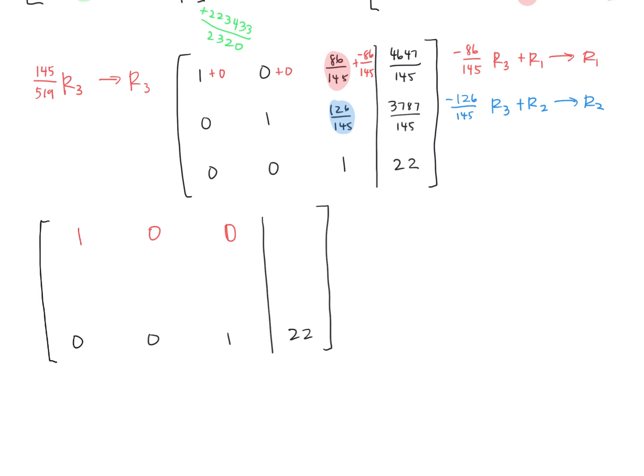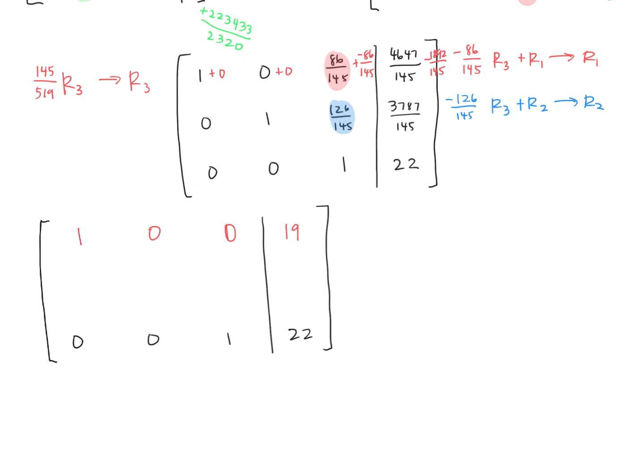And we get negative 1892 over 145. And when we subtract those fractions and reduce, we get 19.